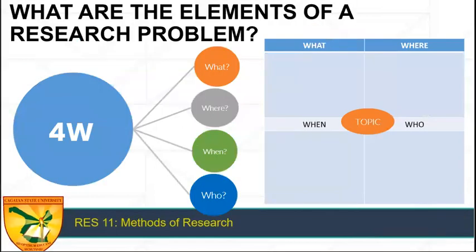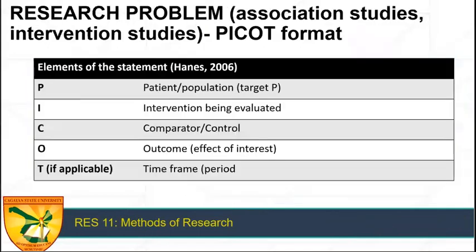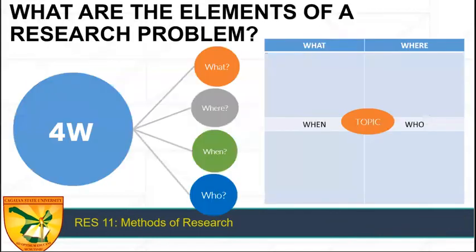So we've seen this slide before. If you remember this slide and this other slide, this will be your guide. So remember, we use these when you are crafting your research problem. And this is where or what are the elements that you need to have in your research problem. So this is your 4 Ws.